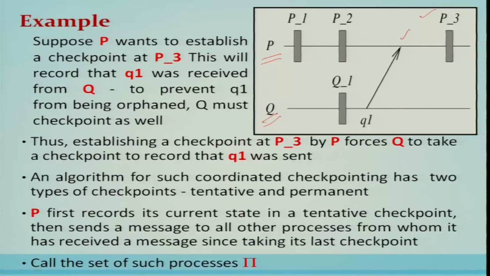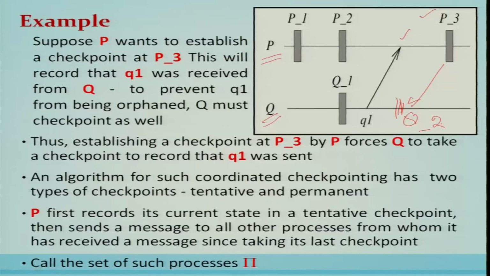After sending Q1, it has to take a checkpoint. Thus establishing a checkpoint at P3 forces Q to take a checkpoint to record that Q1 was sent. So basically we can say that it is Q2. This checkpoint, this P3, will force the process Q to take a checkpoint.